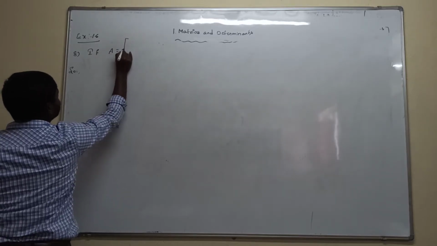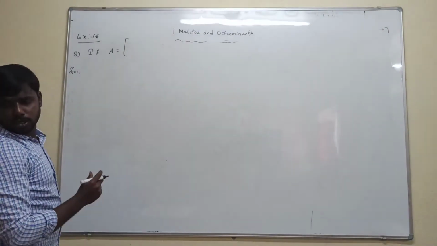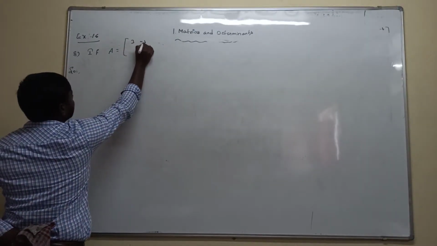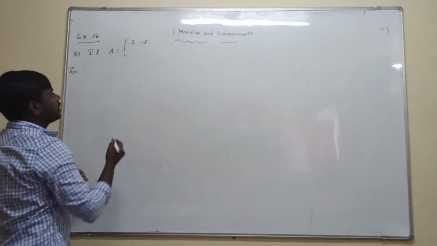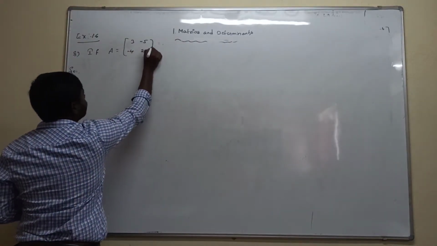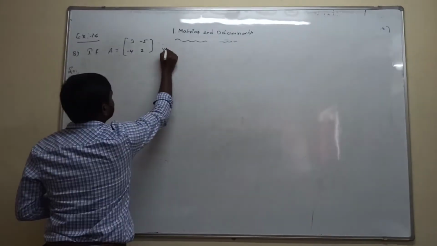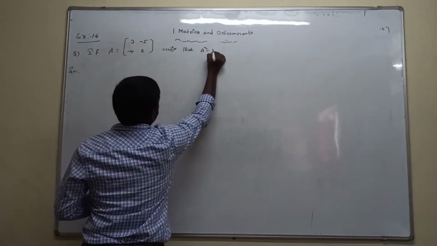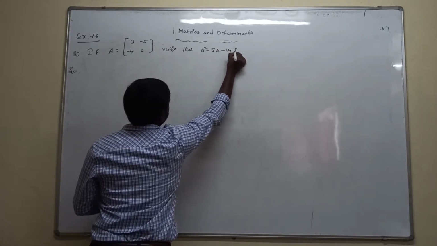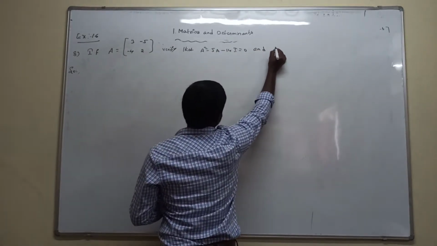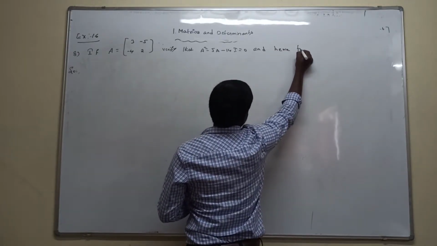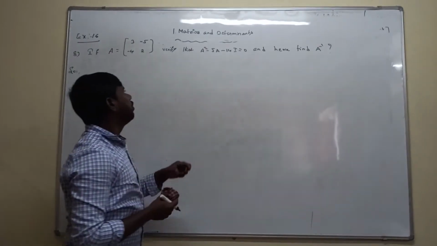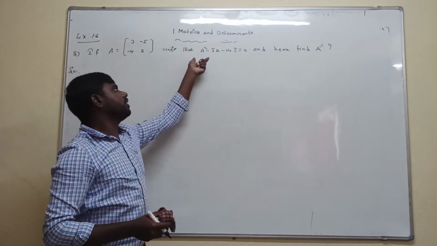Capital A is equal to the given matrix [3, -5; -4, 2]. Observe in this question, first verify that this condition is equal to 0.